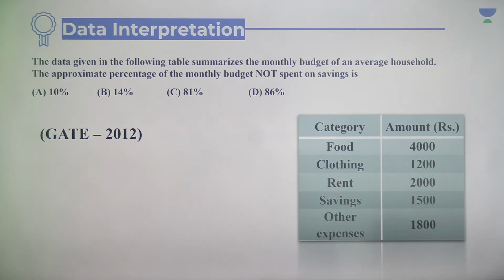Is it clear now? Yes, Mohu, that approach is also correct.